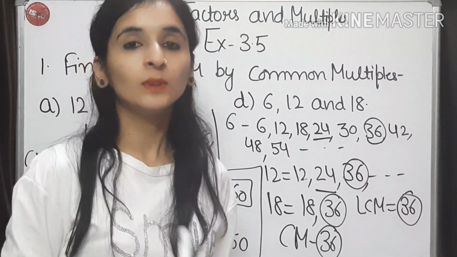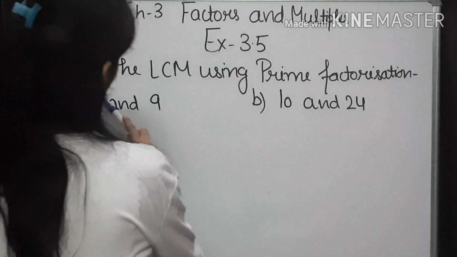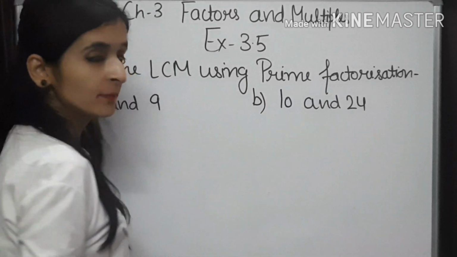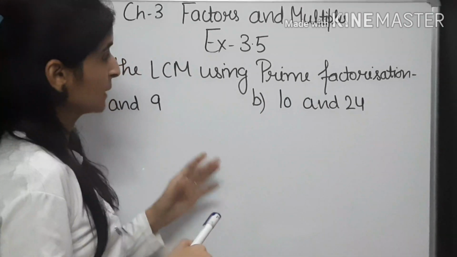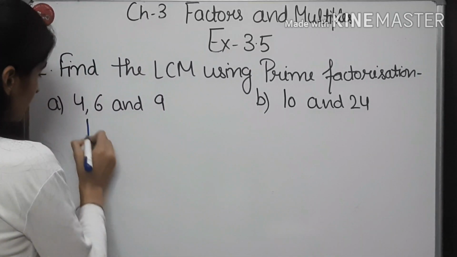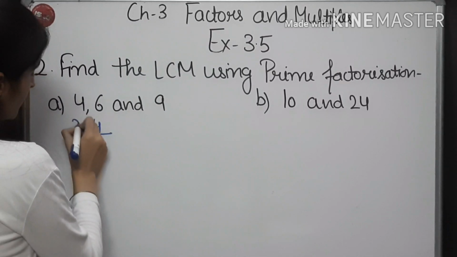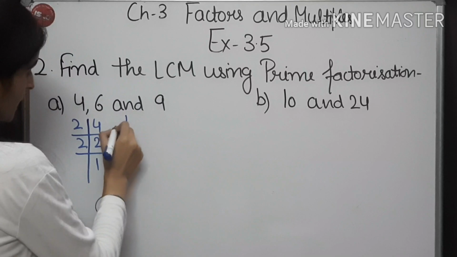Now let's move to the next question. Okay, the second question is find the LCM using prime factorization. So how do we find the LCM by prime factorization? First of all, we will do the prime factorization of 4. 2 2s are 4, 2 1s are 2.